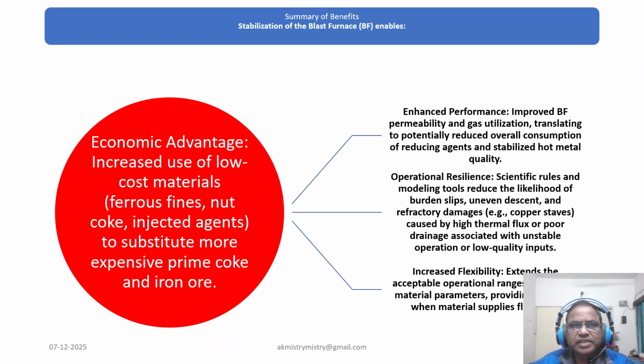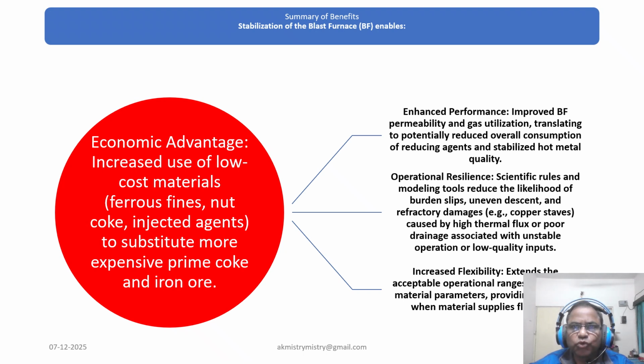Second, we realize enhanced performance shown by the improved blast furnace permeability and gas utilization, which translate to potentially reduced overall consumption of reducing agents and stabilized hot metal quality. Third, stabilization delivers operational resilience.